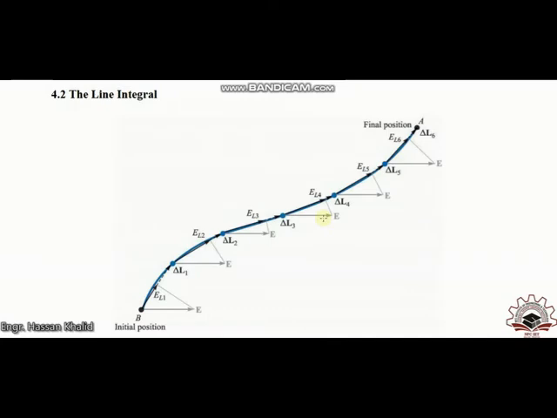Now the next topic is the line integral. That means we need to find the work done by moving the charge from location B toward A. If that path were straight, or linear, it would be very easy to find the work done in moving the charge from initial to final by just taking the difference between these two points.